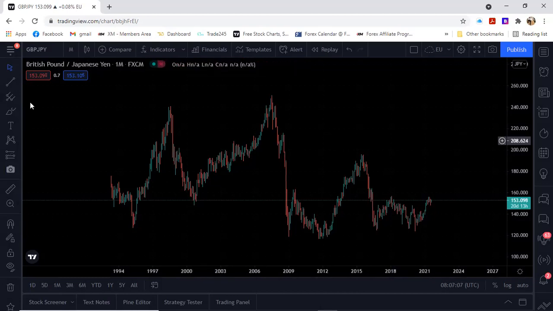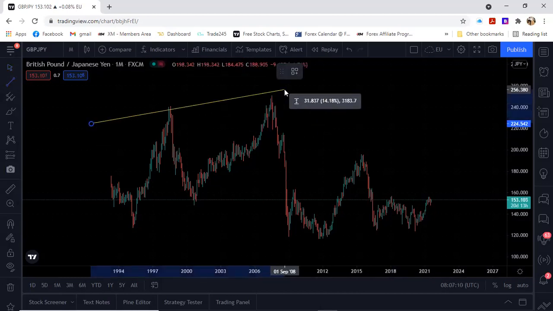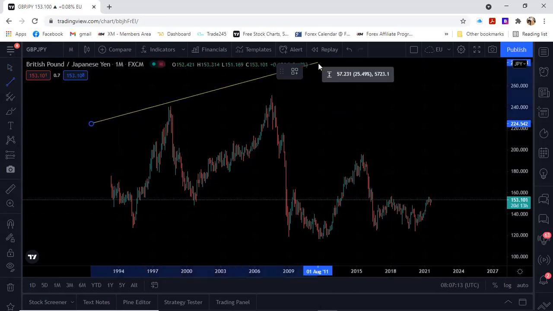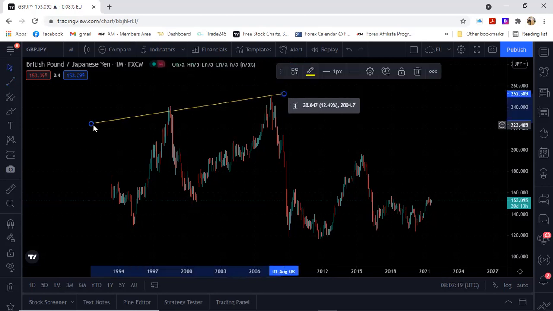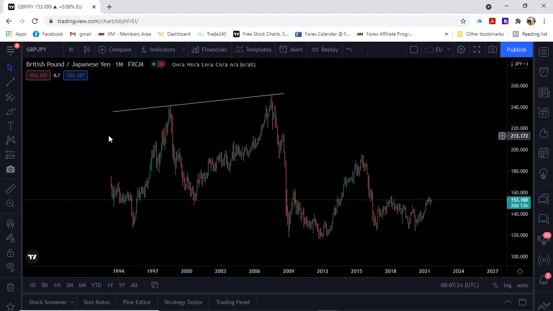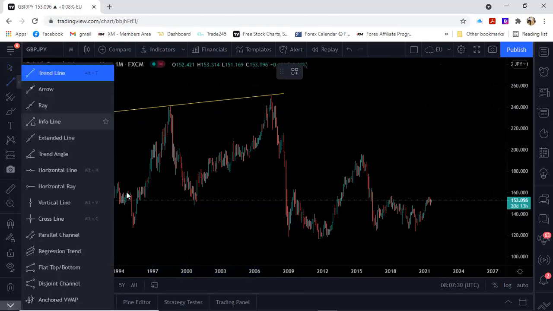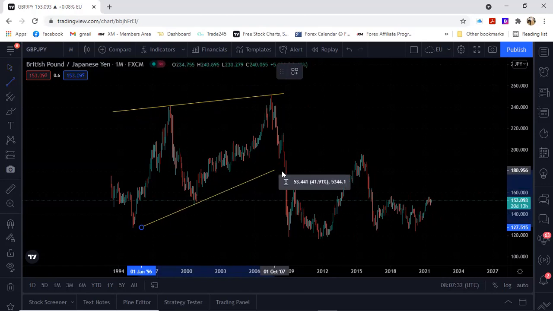So assume that this market is moving something like this, and then something like this as well, from that point to that.